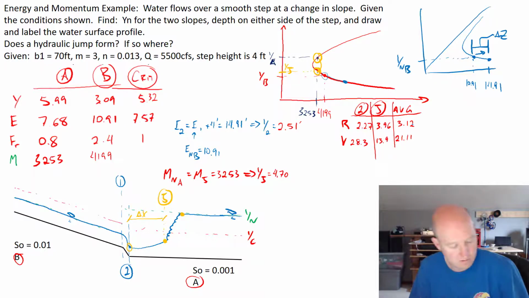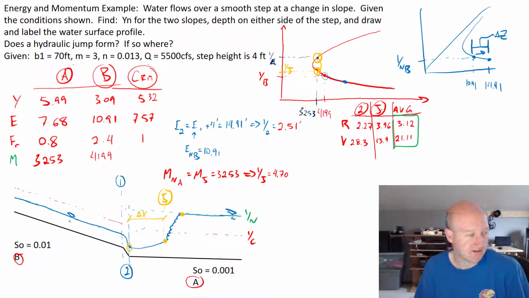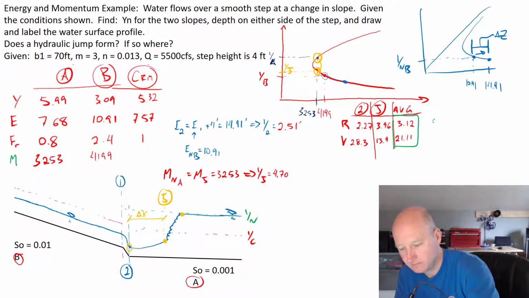So we'll use those two average values for our delta x calculation. So we need SF bar.